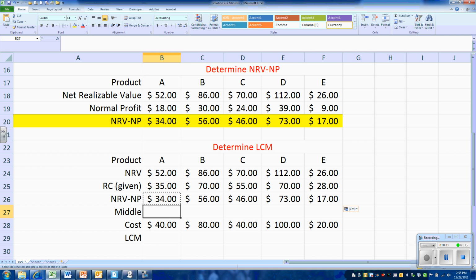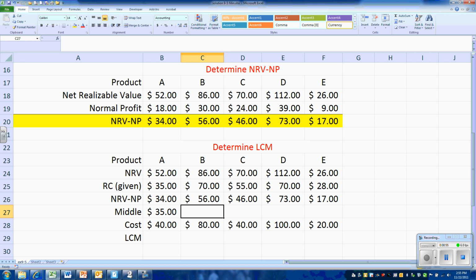So for product A, we have net realizable value of 52, replacement cost of 35, net realizable value minus normal profit of 34. So our middle number is going to be the replacement cost of $35.